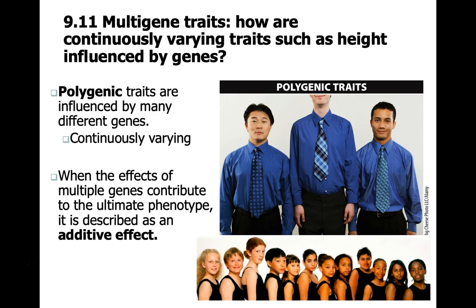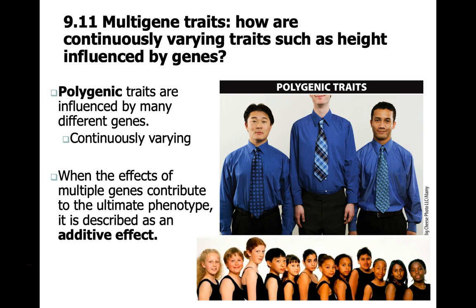An individual who's taller is going to have an accumulation of taller genes. Same thing with skin color. Individuals who have darker skin color have more genes that are encoding darker pigment or affect the darker pigment. Individuals who are lighter in color are going to have fewer of those dark pigment genes, if they have any at all. This individual here might not have any dark pigment genes.